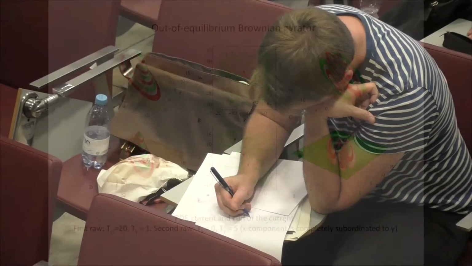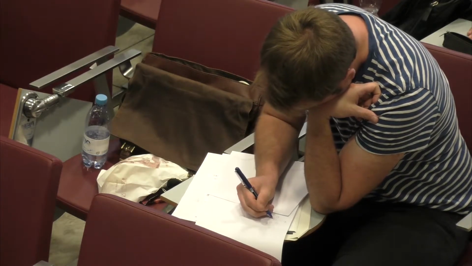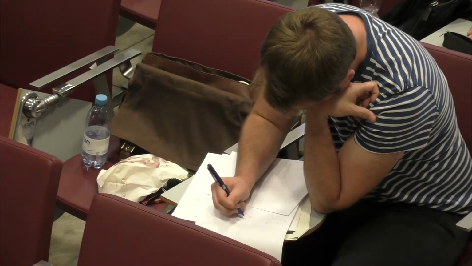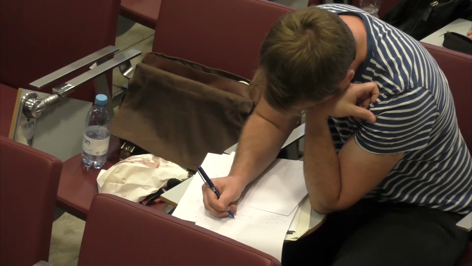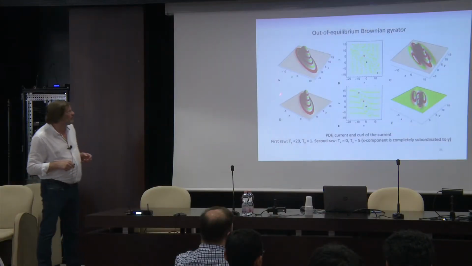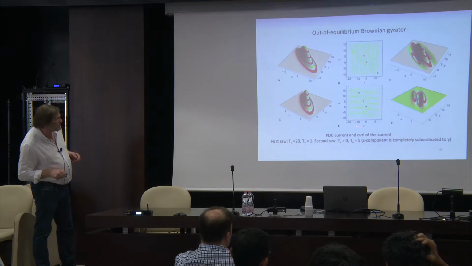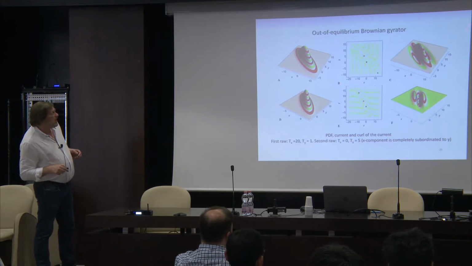Not nicely, but you see that they are closed orbits, and actually the trajectory circulates, so it is a vector field. Green is not good for showing. And in this case, when one of them lives at 0 temperature, it circulates in the other direction. And this is a curl of the current.